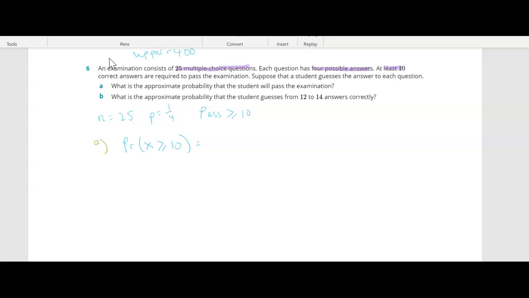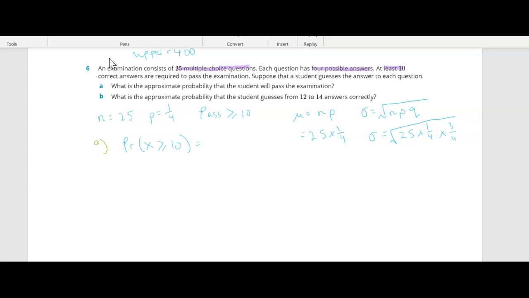If we're doing the normal approximation, your mean is n times p, and your standard deviation is the square root of n times p times q. So for the mean we have 25 times a quarter, and for the standard deviation we have the square root of 25 times a quarter times 3/4, because q is 1 minus p.